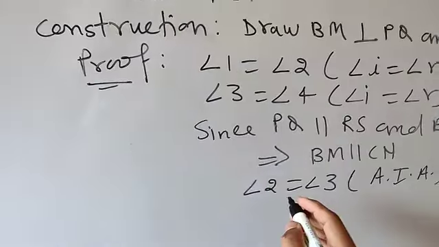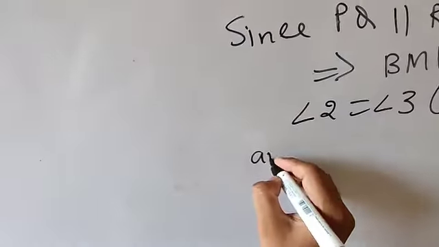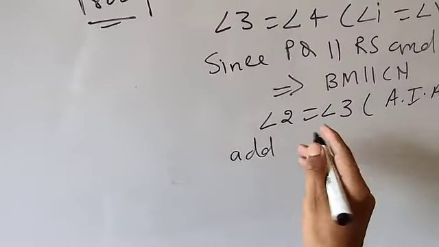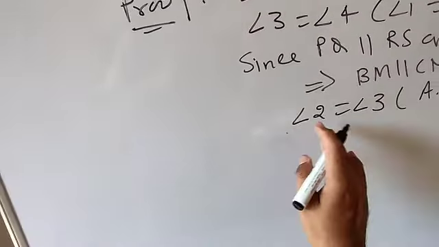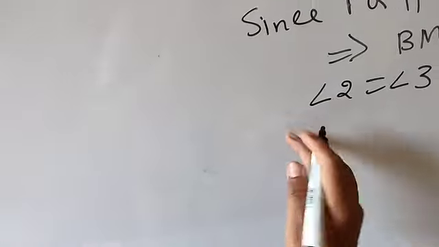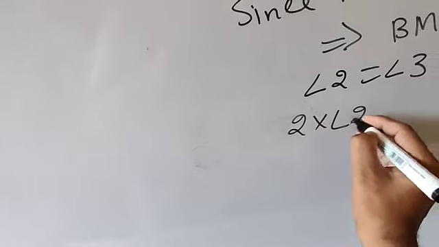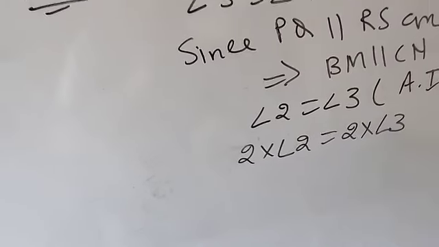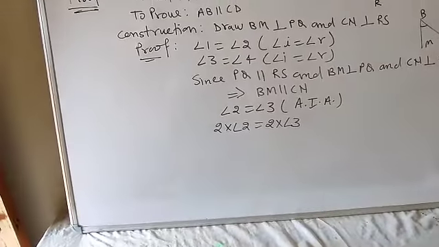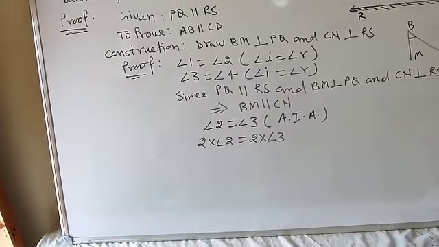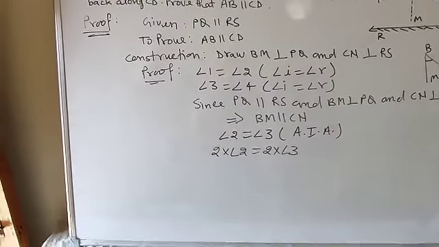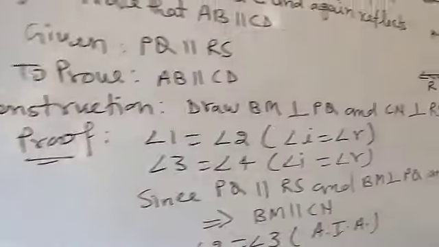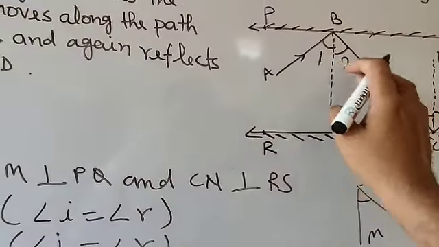Now students, if angle 2 and angle 3 are equal, then 2 into angle 2 equal to 2 into angle 3. Angle 1 and angle 2 are equal.